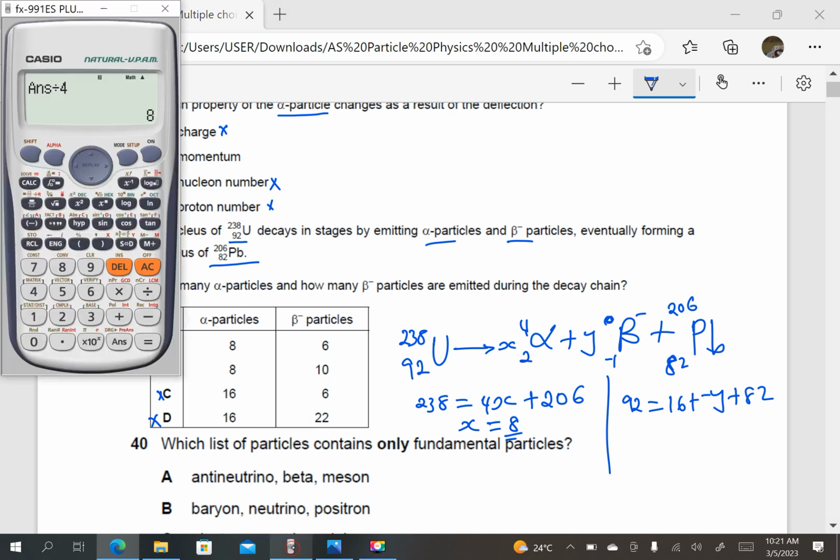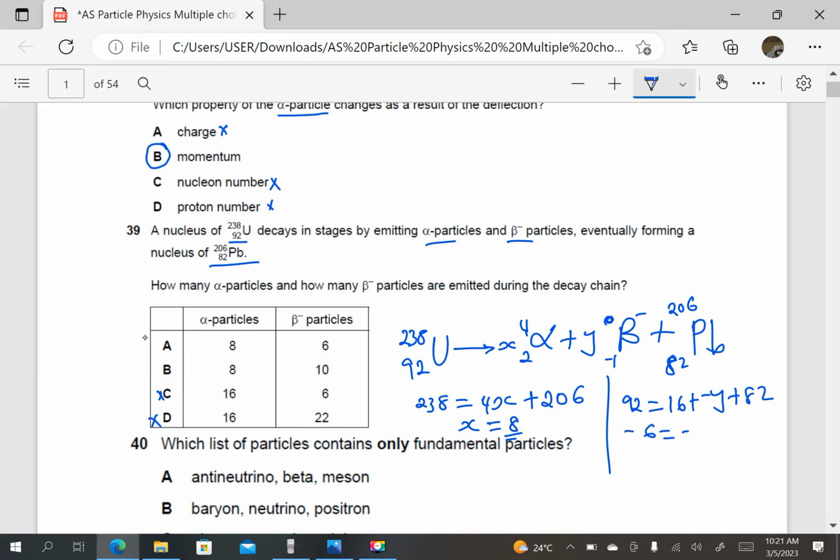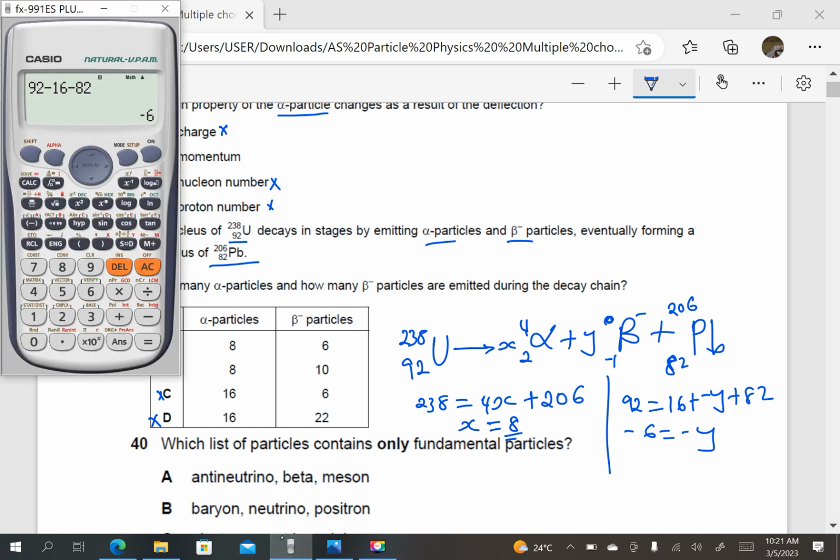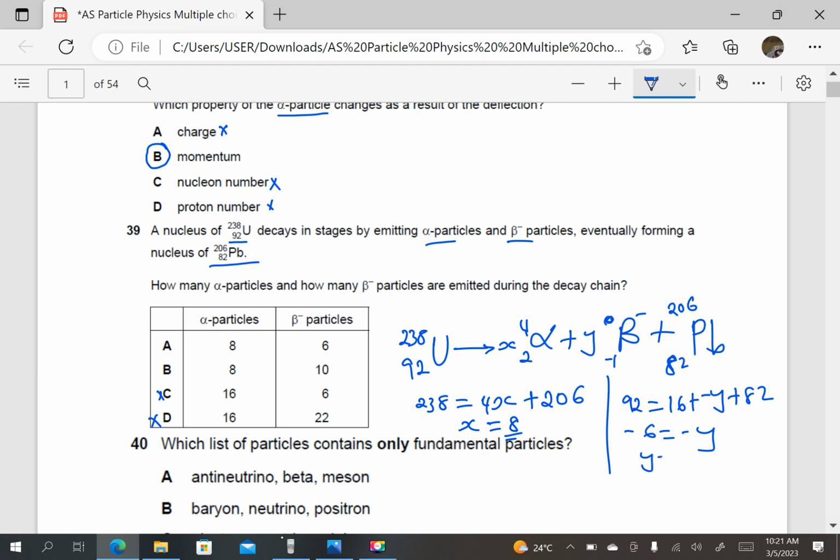Making Y the subject, we have 92 minus 16 minus 82, which gives us -6. -6 is equal to negative Y, so Y is 6. So there are 6 beta particles. Therefore, the answer is going to be A.